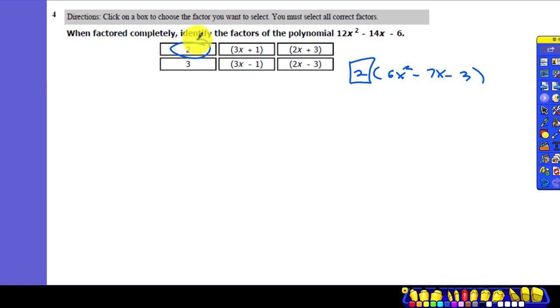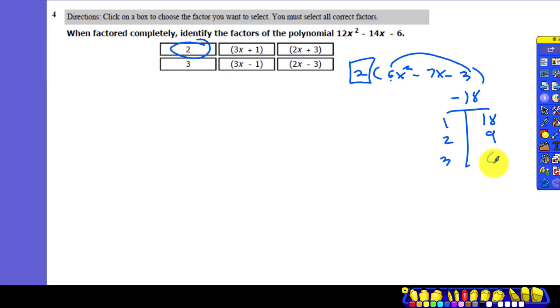Now, for the remaining expression, it's not a difference of squares, so it should be a trinomial with a not equal to 1. So you have to slide 6 to your negative 3, and you'll get negative 18. So what are the factors of negative 18? 1 and 18, what else? 2 and 9, 3 and 6.